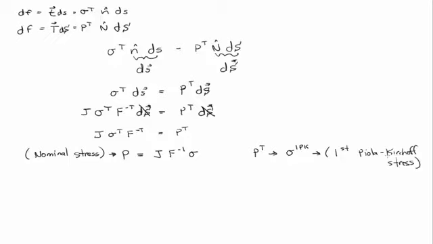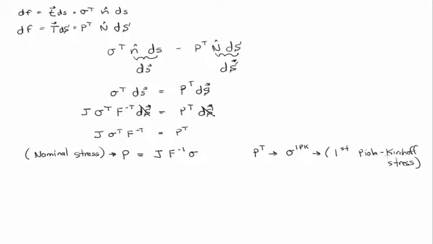But now in the next lecture, we're going to show that the Cauchy stress is symmetric. We haven't shown that. You know that from elasticity, in small strain, it is. But next time we'll derive the actual proof that the Cauchy stress is symmetric.